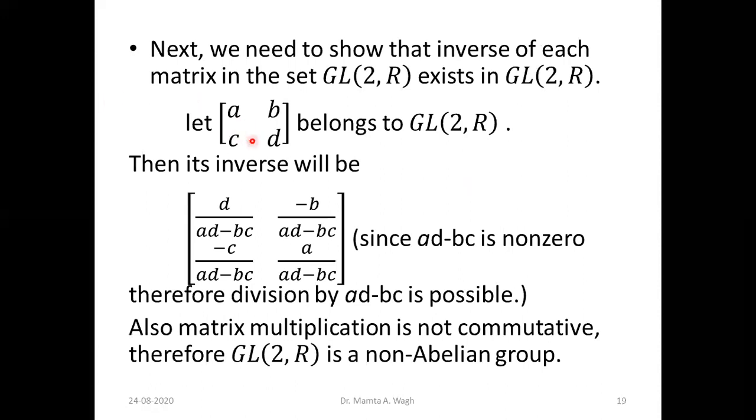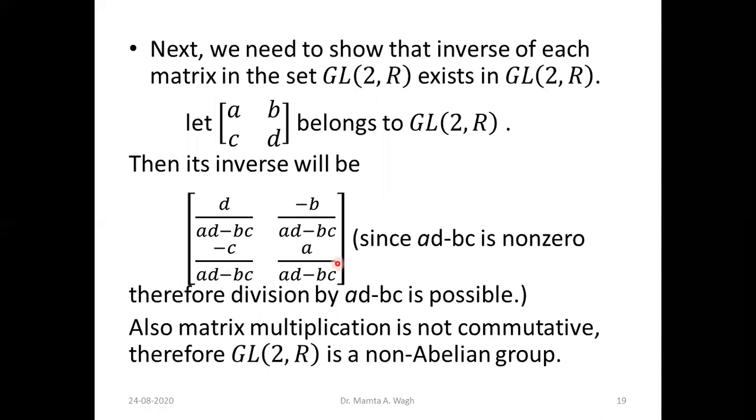You just change the places of these two numbers: A will be here, D will be here, and change the sign of these two elements, minus B, minus C, and divide the whole matrix by the determinant. So the result is D upon AD minus BC, minus B upon AD minus BC, minus C upon AD minus BC, and A upon AD minus BC. Because AD minus BC is given non-zero, this is well defined.